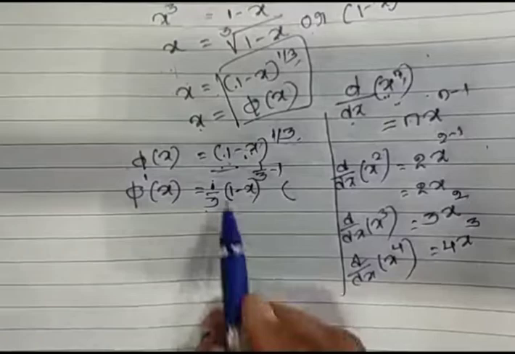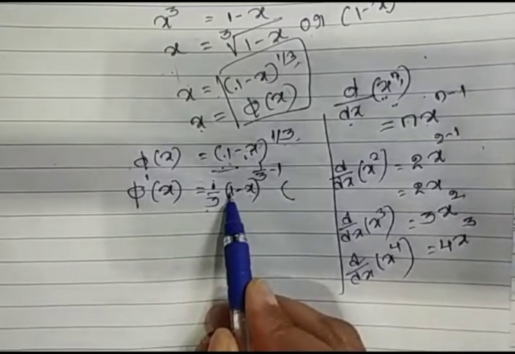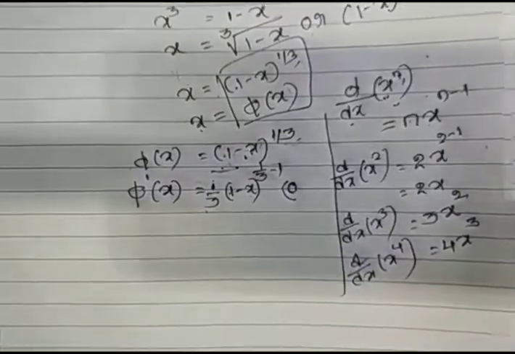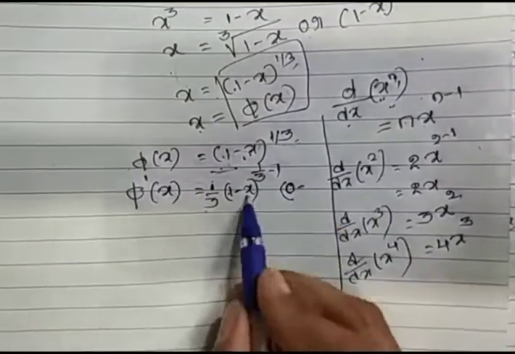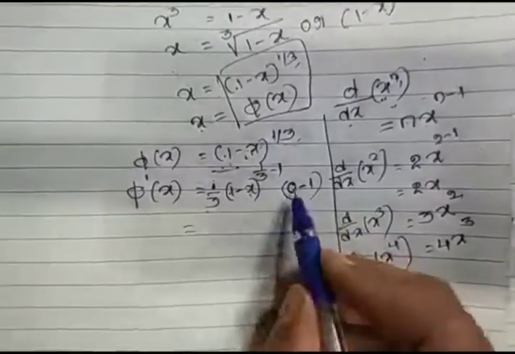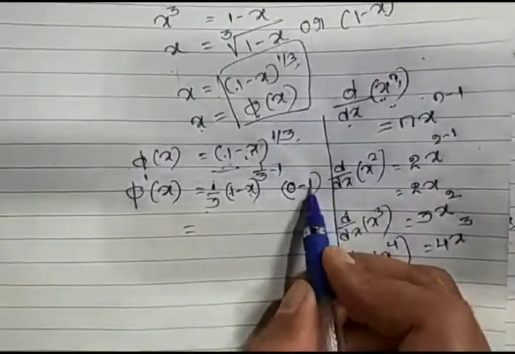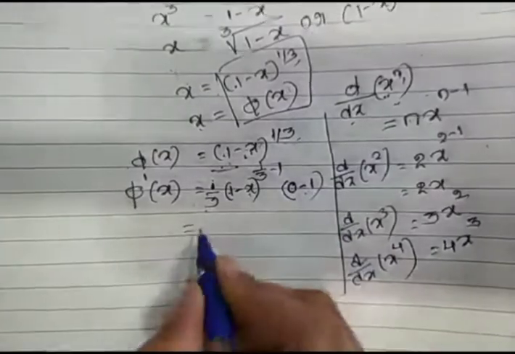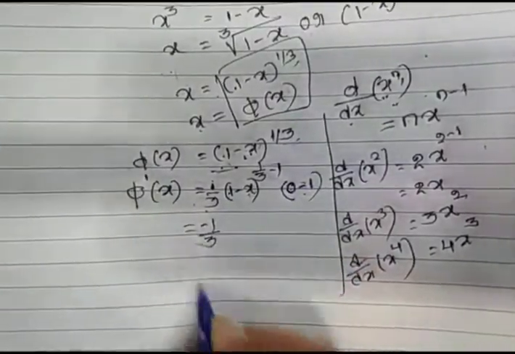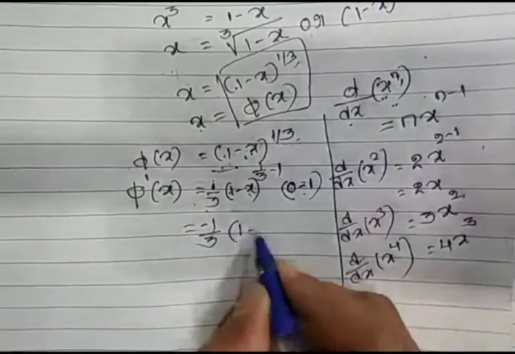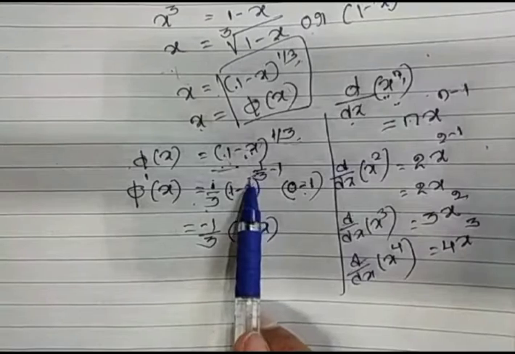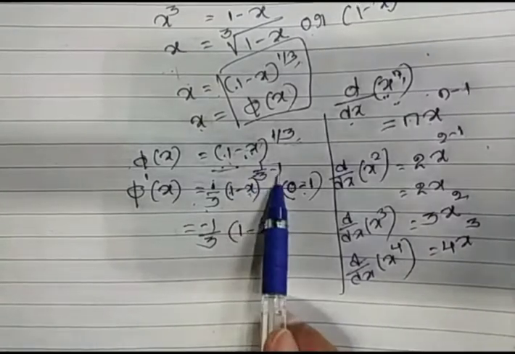After that, differentiation of 1. 1 is a constant, so the derivative of any constant term is always 0. Minus differentiation of x is 1. So here it is 0 minus 1, that is minus 1, and minus 1 into 1 by 3 is minus 1 by 3, in brackets 1 minus x raised to. Now simplify this fraction, 1 divided by 3 minus 1.